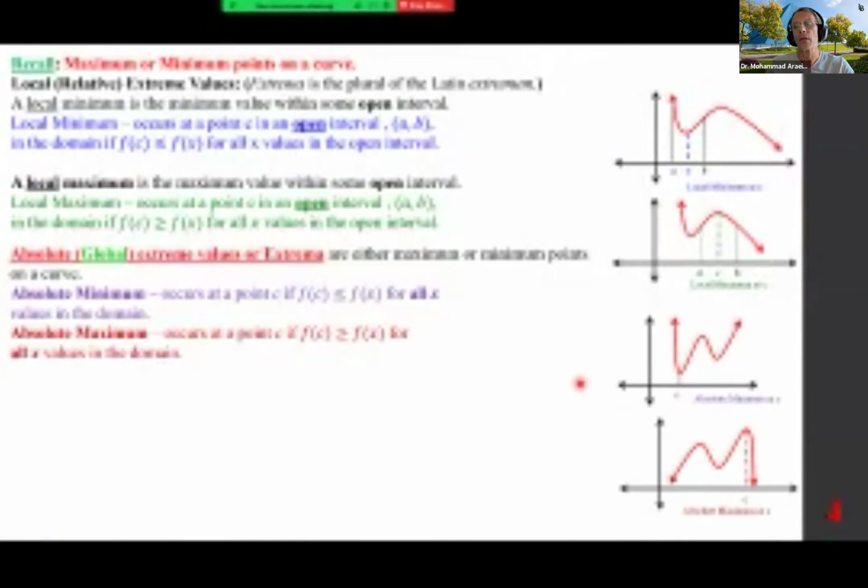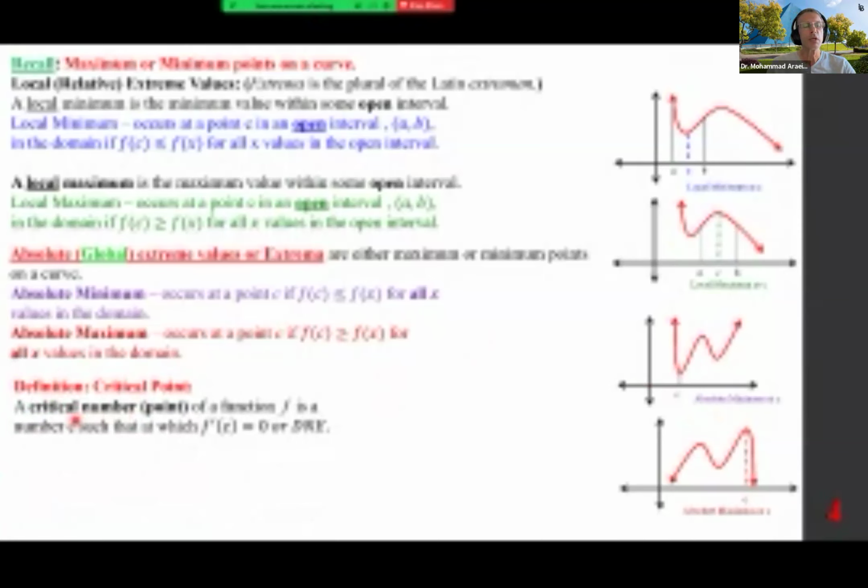So, local min, local max, local min, local max, local min, local max, local min. This one is also absolute min. Local max, local min, local max. This local max happens to be an absolute also because it takes place in the entire domain. There is no other point having a larger y coordinate.